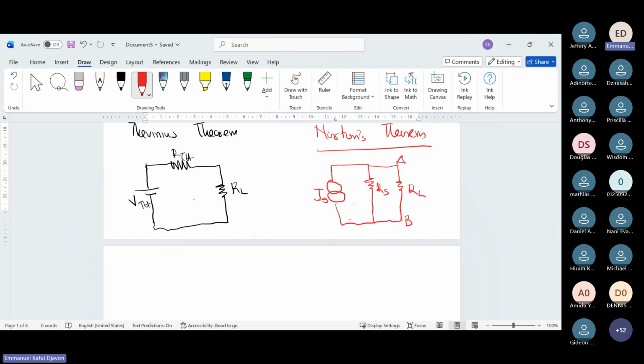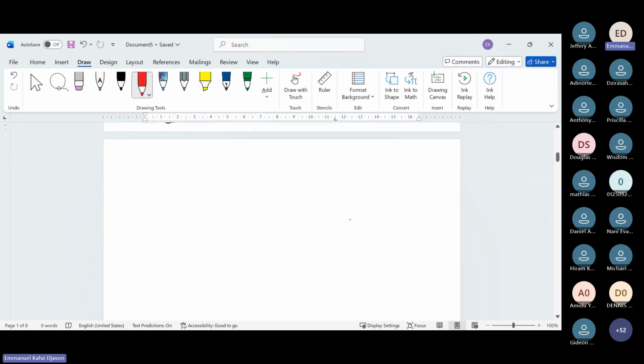Without much ado, let's take some examples to verify this particular theorem under consideration. So let's look at example number 1. We have a circuit of this manner before us.